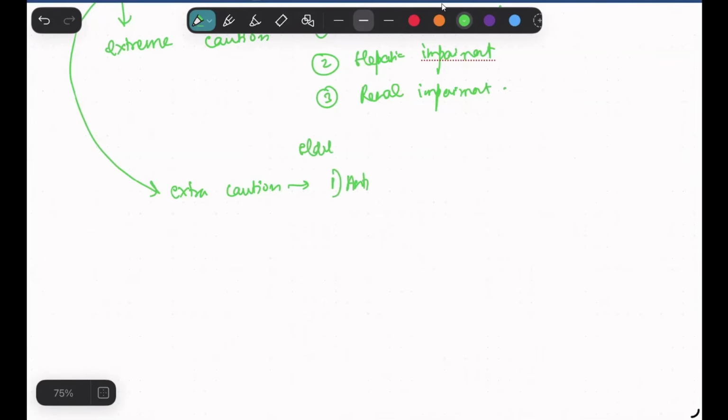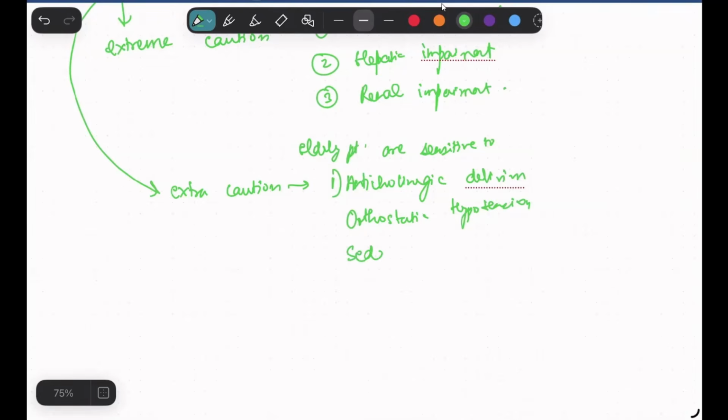Second is orthostatic hypotension, which may increase the propensity of falls, and sedation, again, which increases the propensity of falls. And these will be increased by clozapine.